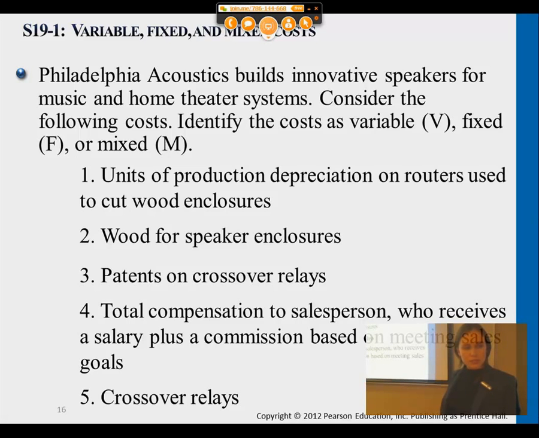Units of production depreciation on routers used to cut wood enclosures. Unit of production depreciation on a tool, let's just say. Why is it fixed?